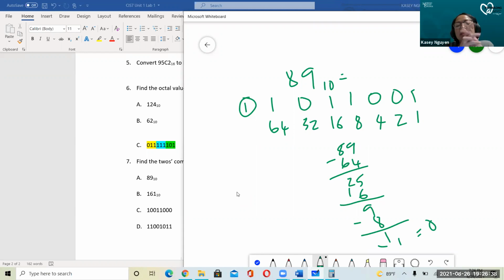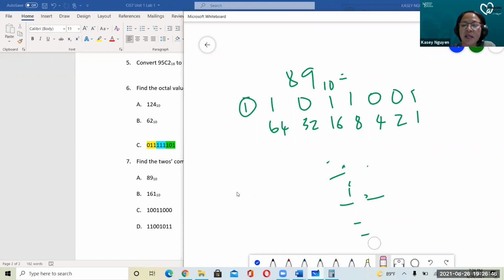Then the next step is we're going to flip the bits. I'm going to erase all the subtraction because I need the space to show you, and I'm also going to clear this out.